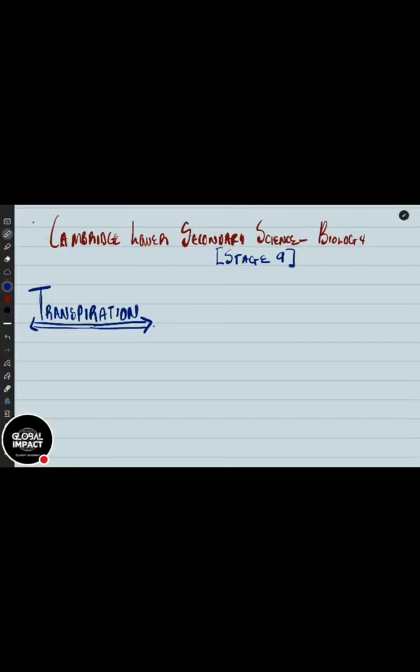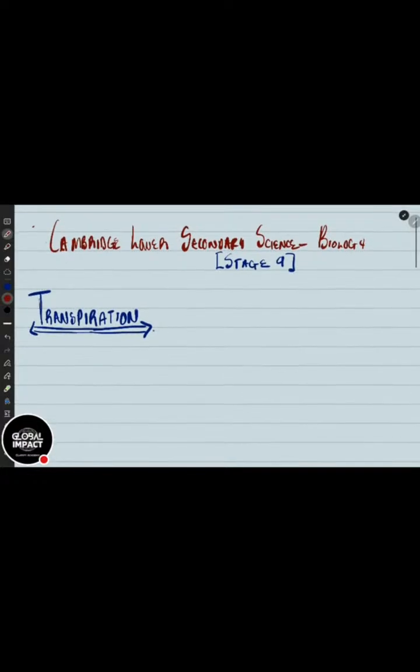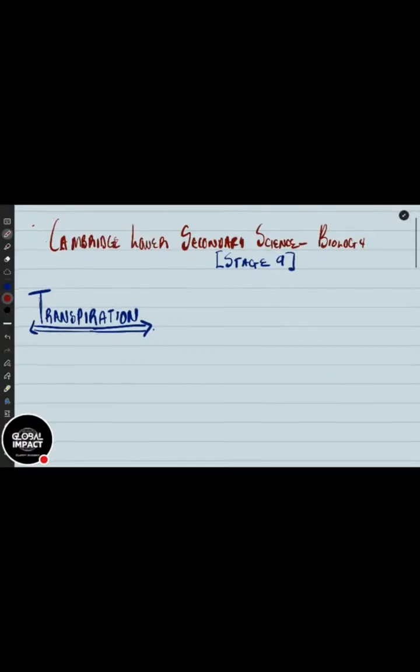So now, transpiration. Let's quickly go through it. It's related to what we were covering last time. Last time we were covering plants and checking the relationship between plants and water. Basically, we looked at the root hair cell, and we saw how it absorbs water from the soil.